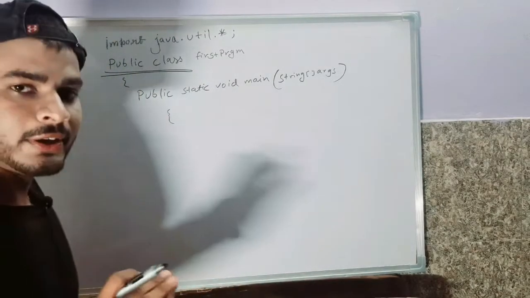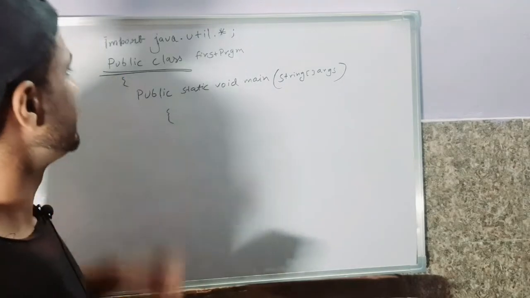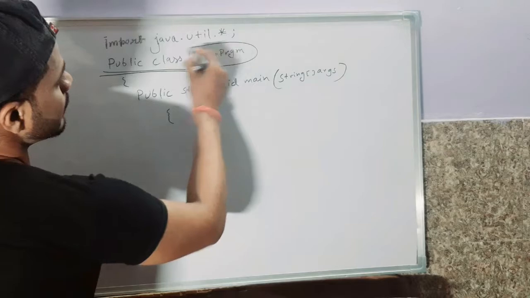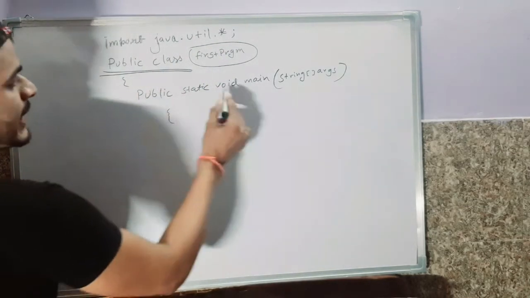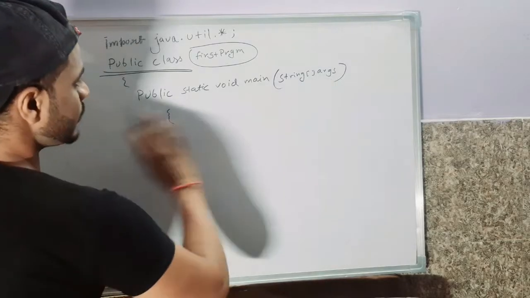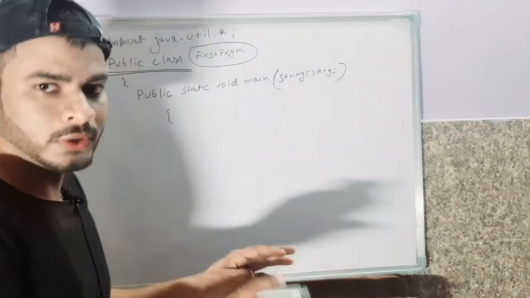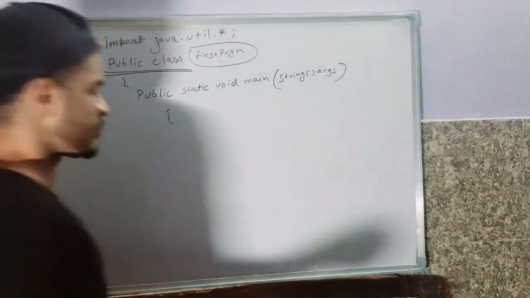You just believe me, and after some videos I am going to tell you why we use this. And this is the name of our class. And public static void main String. You don't have to go deeply now; we will go deeper in other sessions.